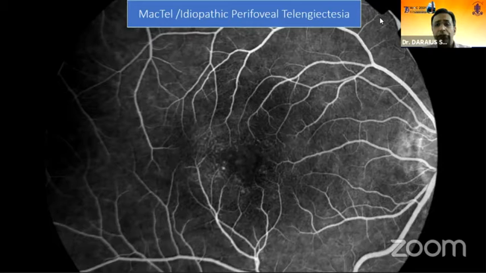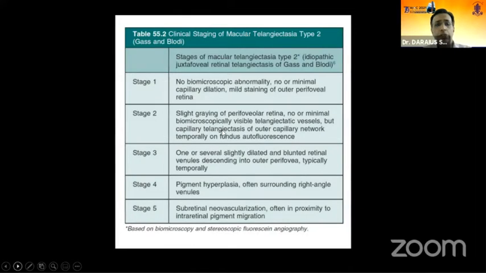IJT is another interesting disease, and this is also very challenging because very often we are not able to really make out whether the network is because of the IJT itself or because of a CNVM which has come. So this was the classical classification of IJT, which was given by Gass and Blodi.